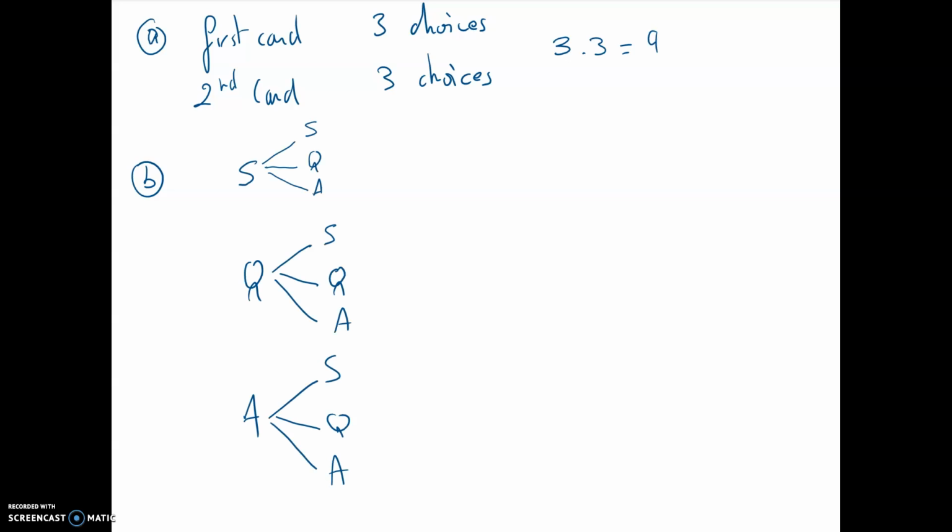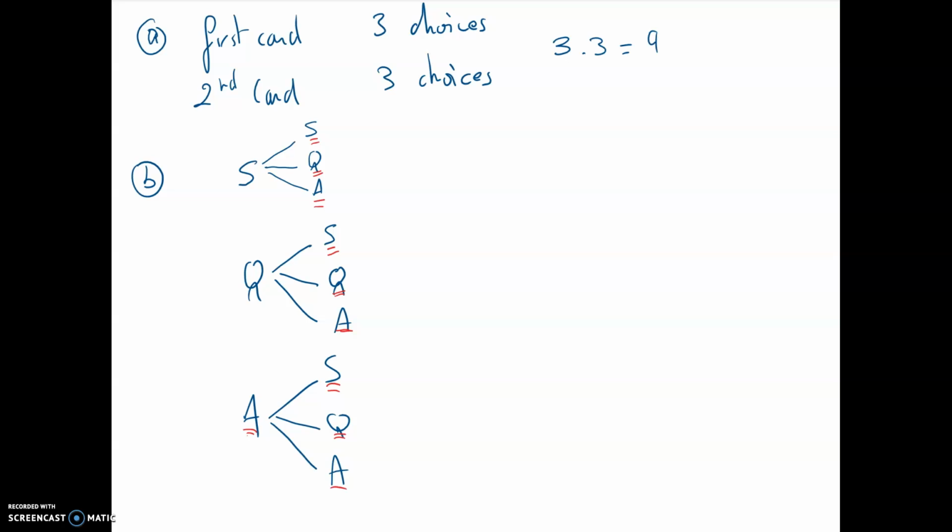All right, so guys, this is the tree diagram. On the first card, if I have a sun, on the second card, I can have a sun, a question mark, or an apple. If my first card is a question mark, I can have a sun, question mark, or an apple for my second card. And if my first card is an apple, I can have a sun, a question mark, or an apple for the second card.